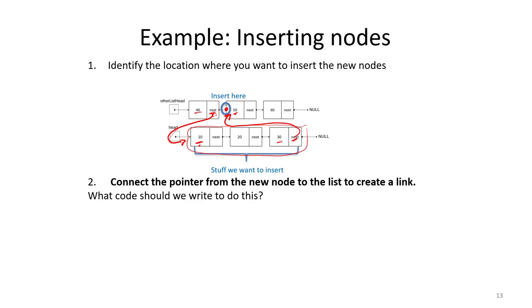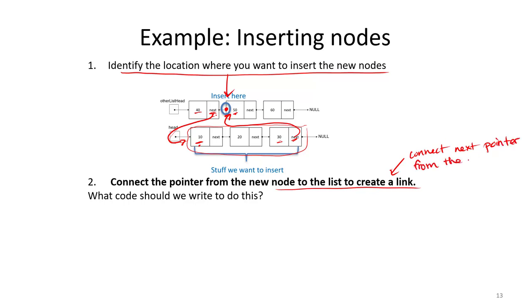All right, so if you remember from our discussion earlier, after we've identified the location where we want to insert the nodes, we need to connect a pointer from the node that we want to insert to the insertion point at the existing list. So we want to connect the next pointer from the node we want to insert to the insertion point on the existing list.